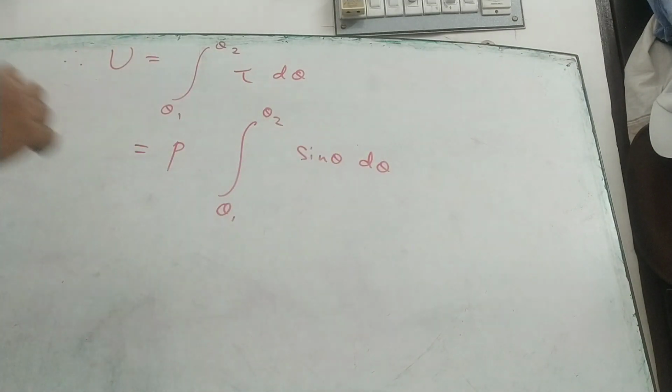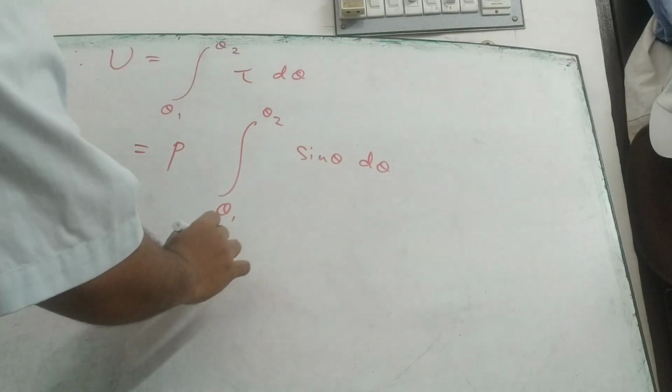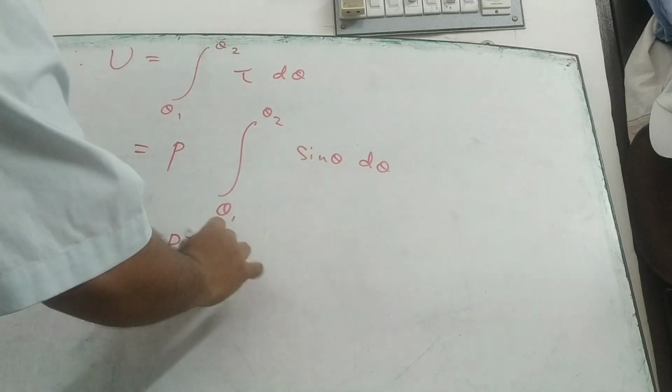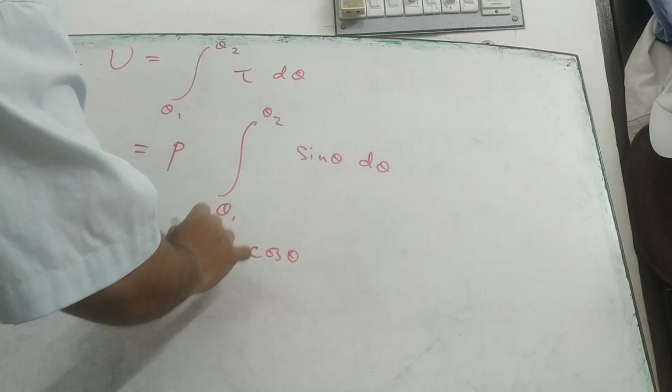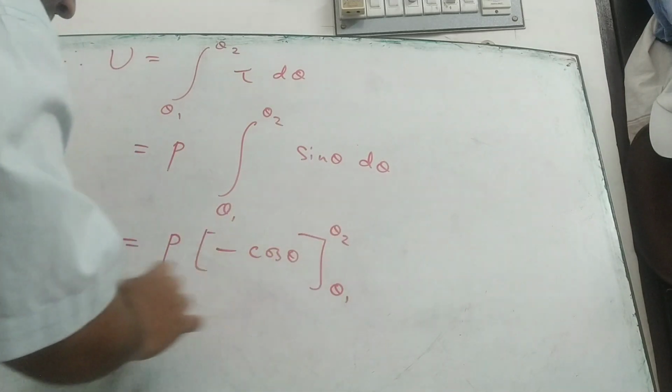This is equal to, integration of sin theta is equal to minus of cos theta, theta 2 to theta 1.